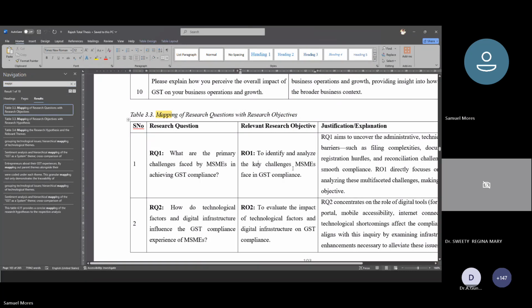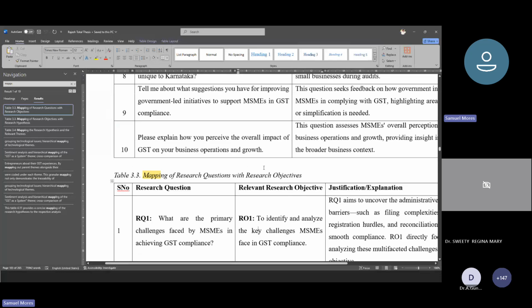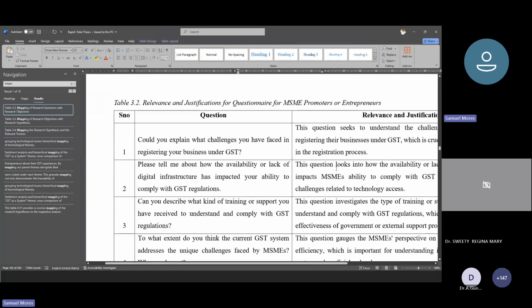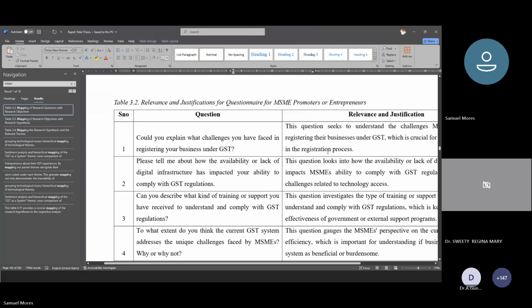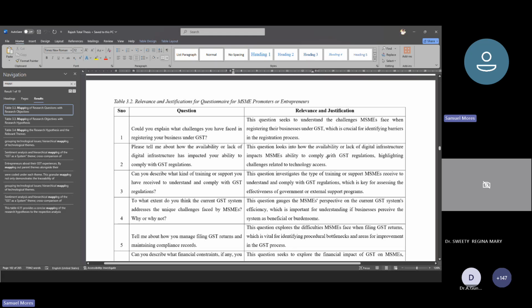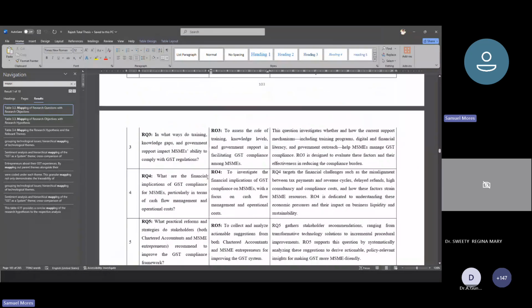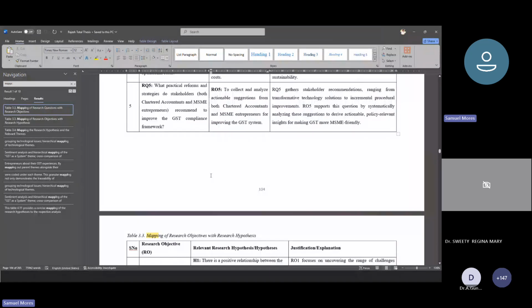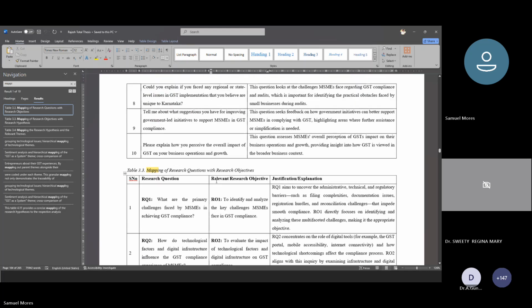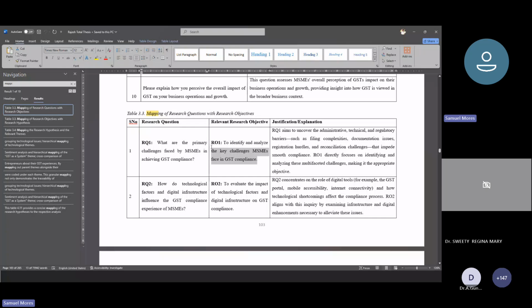This is a very important table you have to develop. First thing, these are the research questions I have taken. Five research questions are there. For each research question, what are the relevant objectives? I have to map them.